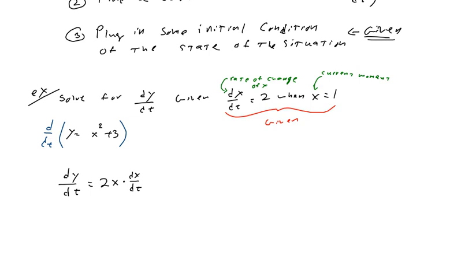Equals 2 times x, well, x is 1, and dx/dt is 2. So 2 times 1 times 2, that would be 4. So dy/dt is equal to 4 at this moment in time. When these conditions are present, my rate of change of y is 4.